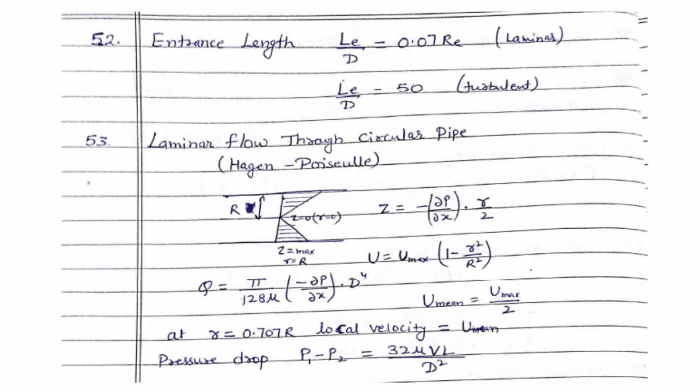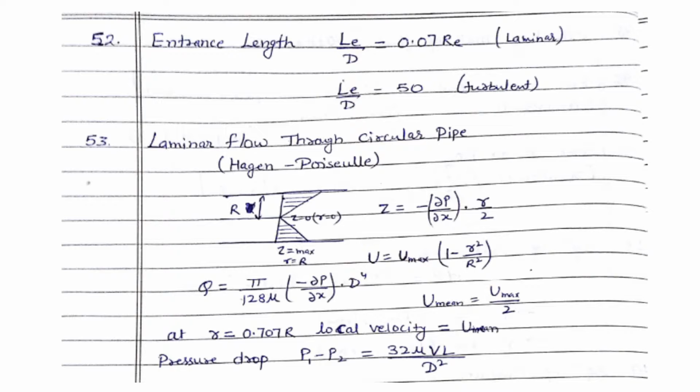So capital R is the radius of the pipe, whereas small r is the distance from the center. It may be any point in the pipe measured from the center. At the center, velocity is maximum, and at the pipe surface velocity is 0.